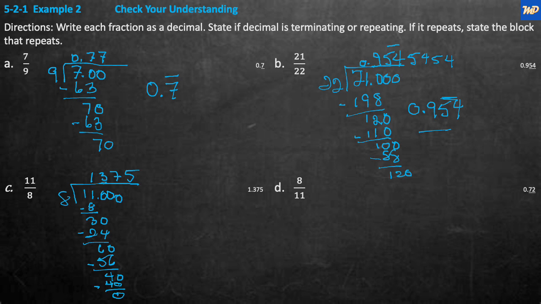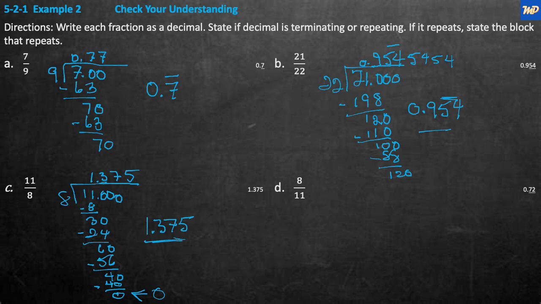Case closed. This is a terminating decimal. It terminates right here at 1.375. And you know that because the remainder at this point was 0.